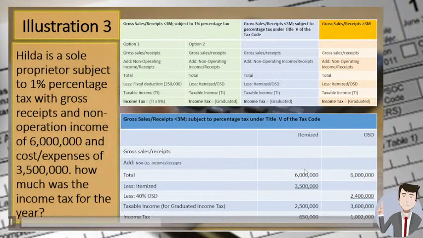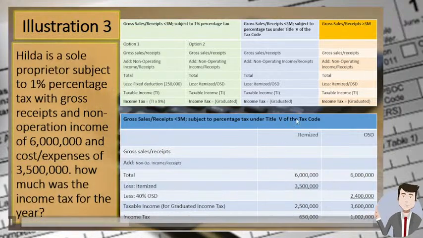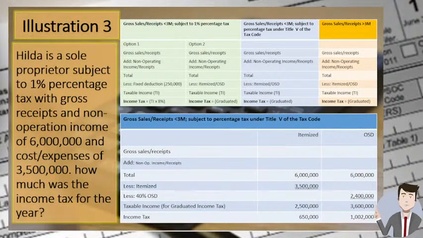So using the graduated income tax table, Miss Hilda's income tax using itemized deduction is 650,000 and using OSD is 1,200,000. So that is the tax she pays if she chooses itemized deduction or OSD. Again, as I mentioned earlier, it is easier to justify to the BIR if you select OSD.